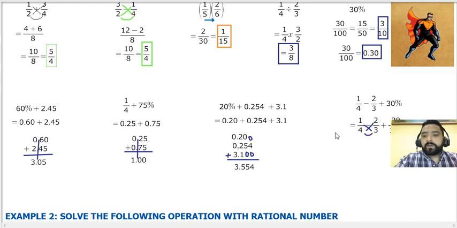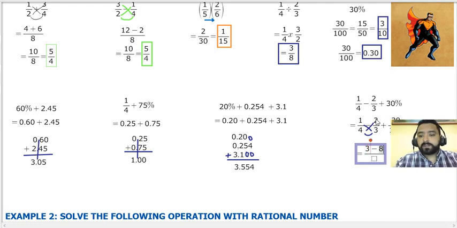So we are going to have in this one the fraction 3 times 1 gives us 3, minus 4 times 2 gives us 8, and 4 times 3 gives us 12, plus 30 over 100, which we reduce to 3 over 10. Remember, 30 over 100, when you simplify, gives us 3 over 10.